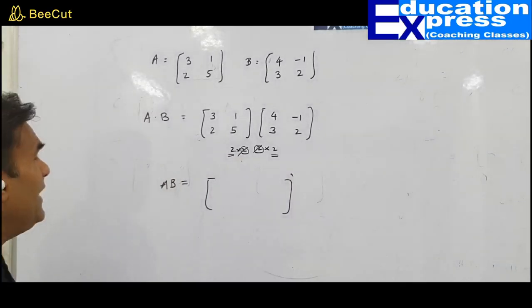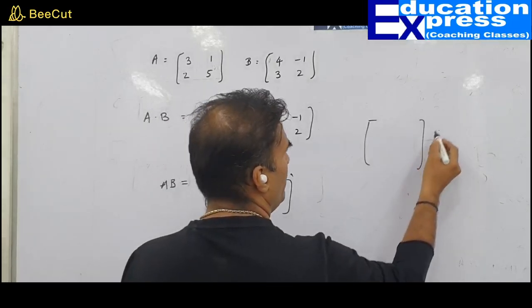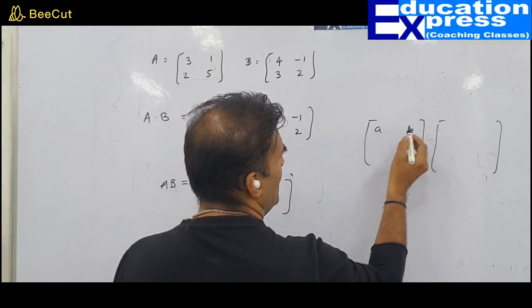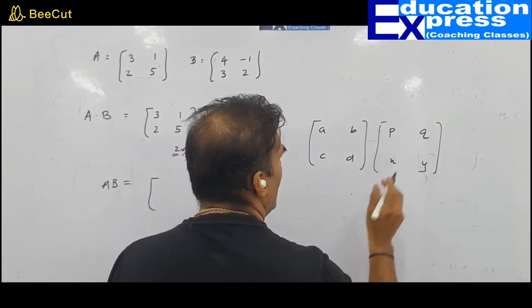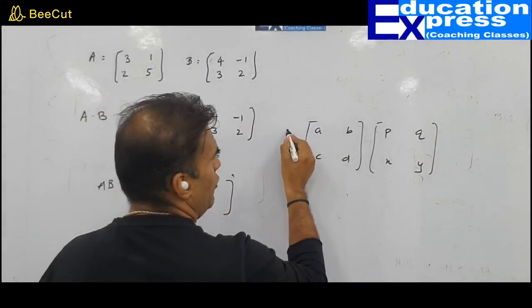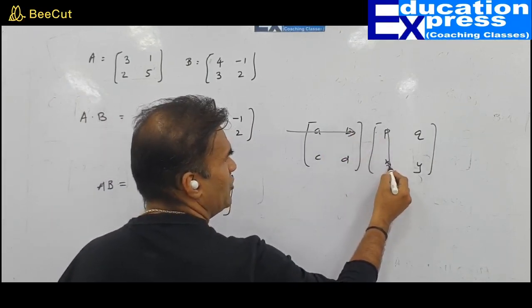Now how do we obtain that? Have a look over here, my dear friends. Since you have A, B, C, D, P, Q, X and Y, how do we go about it? We start with this row. This row will multiply by this column.